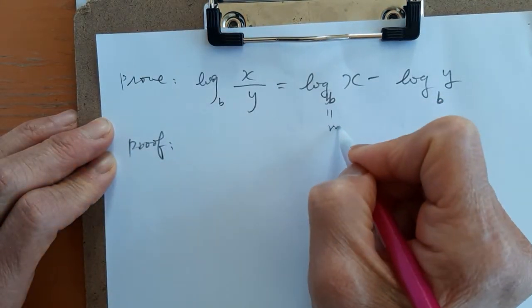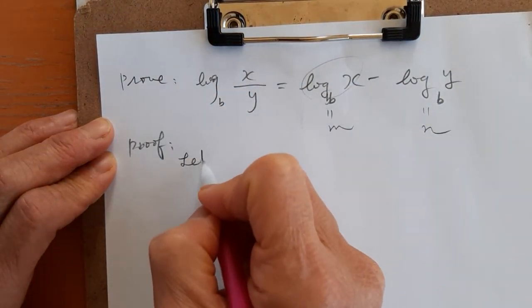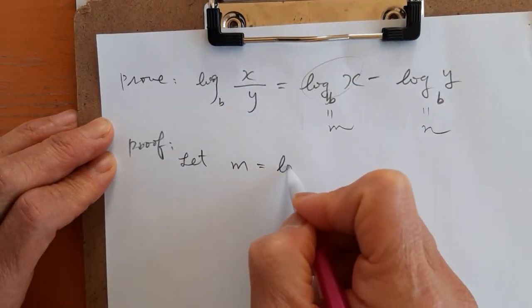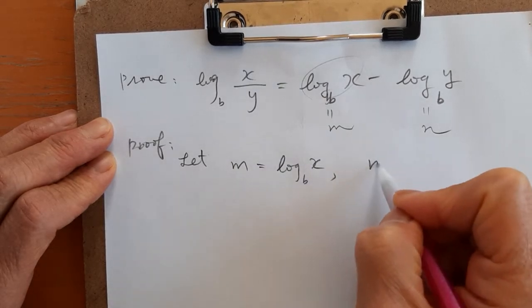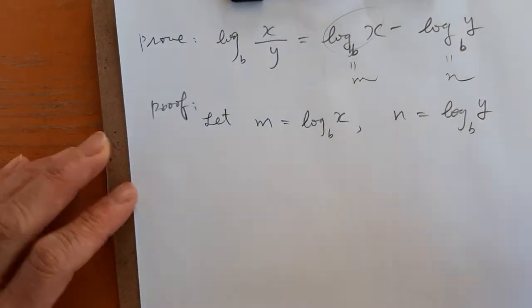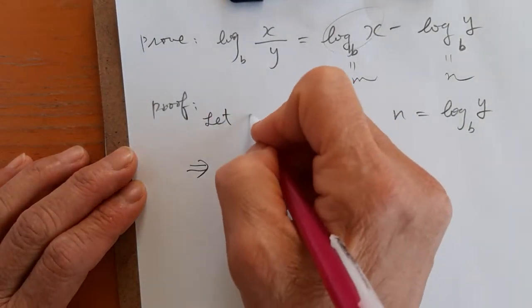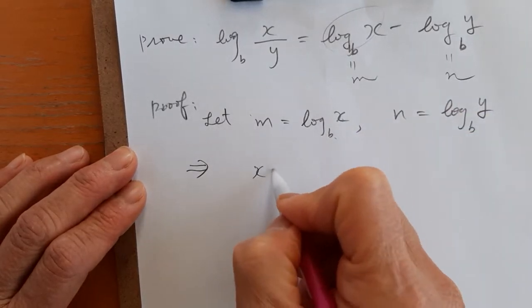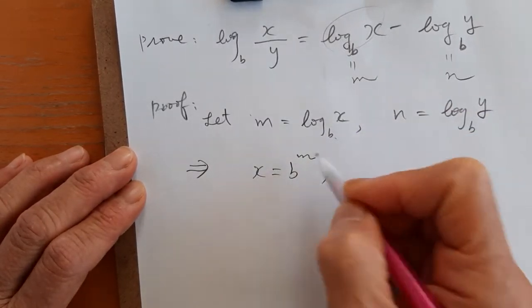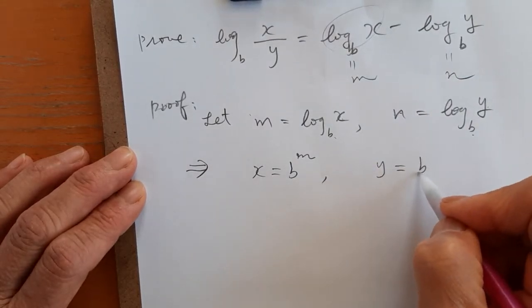First of all, let this term be m and this term be n, so let m equal log x and n equal log y. And change from logarithm form to exponential form: b to the power m equals x, so x equals b to the power m. b to the power n equals y, so y equals b to the power n.